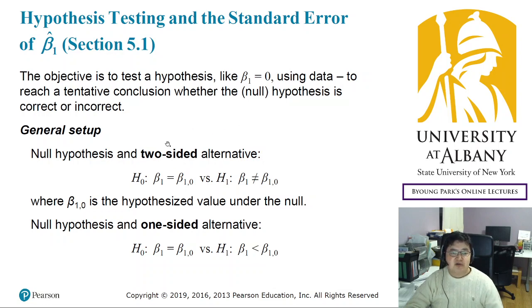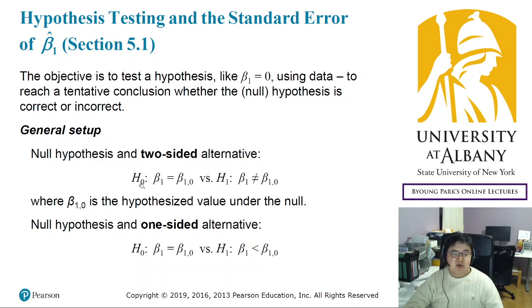And then in the general setup, we have a null hypothesis in this form. We assume that we believe the effect equals a certain value. So beta 1 equals beta 1,0.